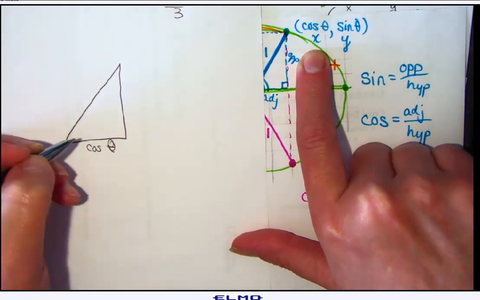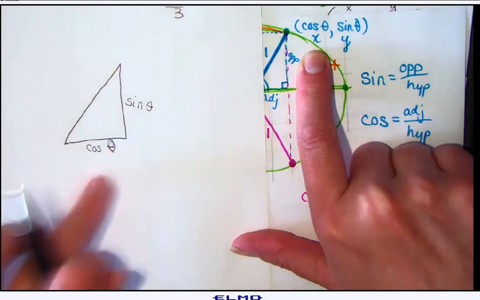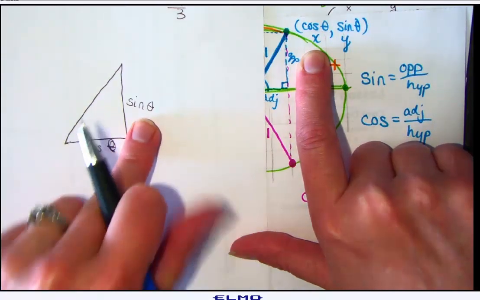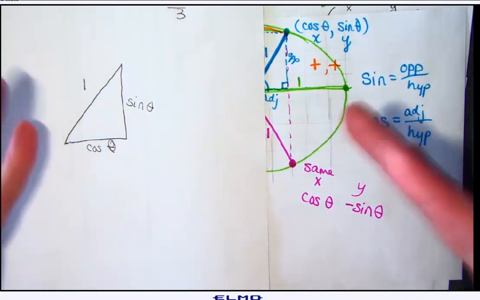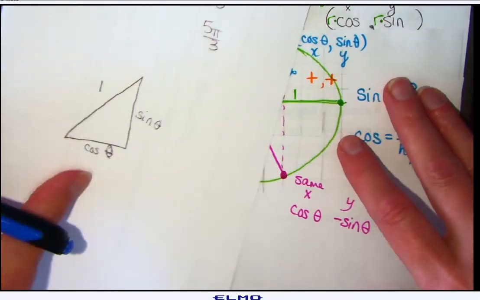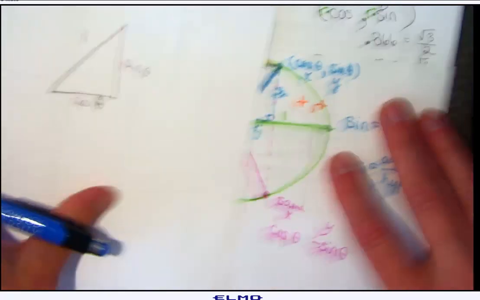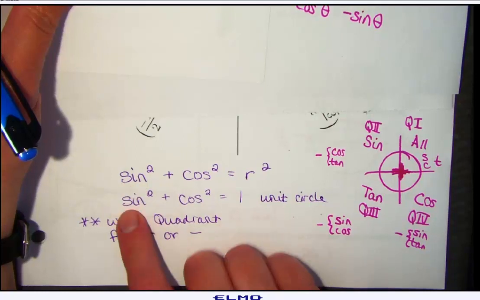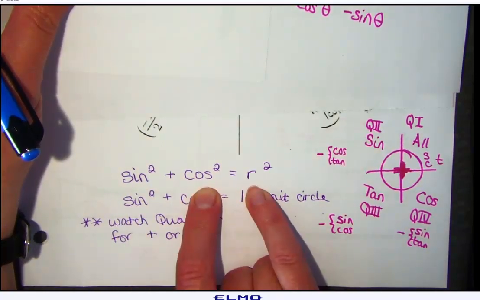So cosine of our angle is our a squared. Sine squared would be our other side, and our hypotenuse is still 1, as long as our radius is 1 on the unit circle. If our radius changes, really we have this same idea, and I think we wrote it down here on my paper, that sine squared plus cosine squared equals the radius squared.